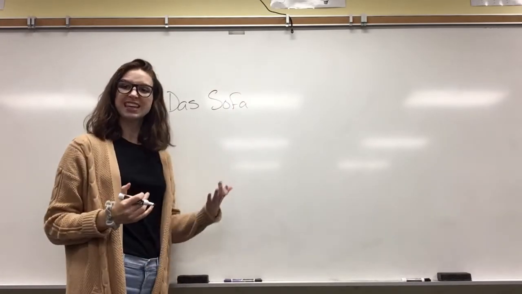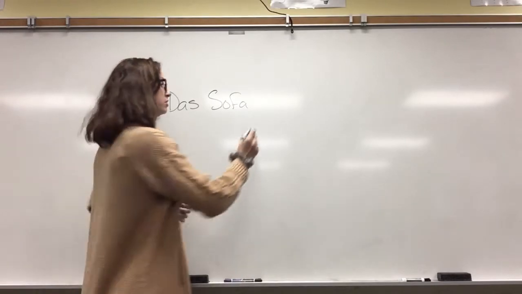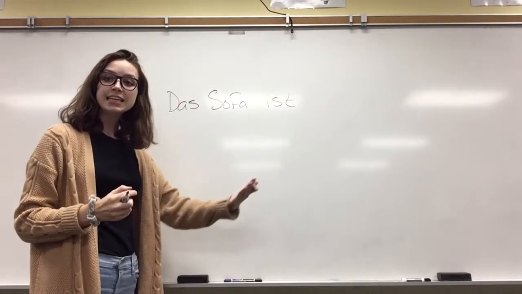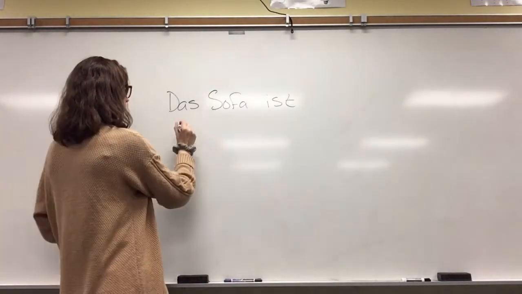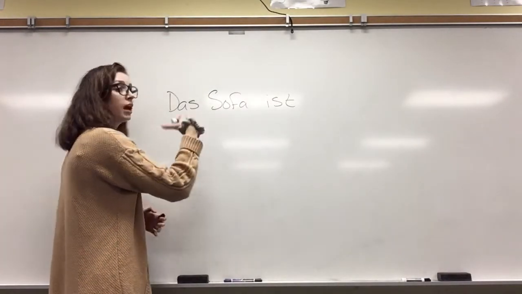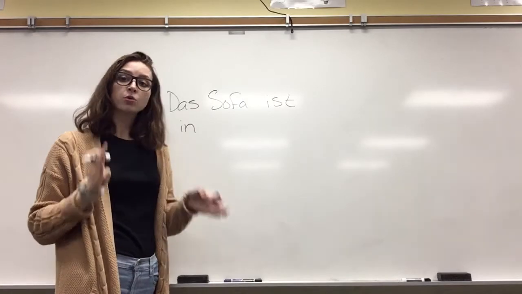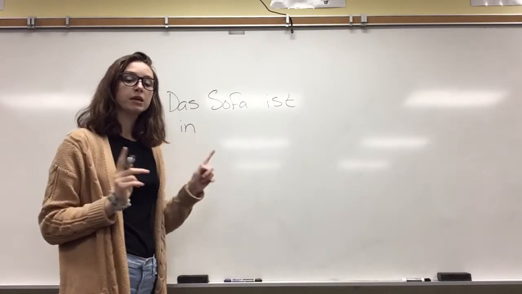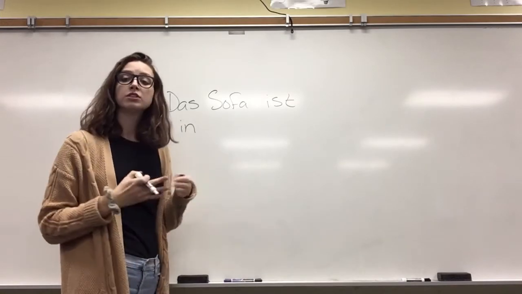And because we're saying it is, we're just going to say ist. And if we're saying that it is in the living room, in. And then the Wohnzimmer. Now, normally, Wohnzimmer is neuter, das Wohnzimmer. But because we have this in here, we have to use the dative.